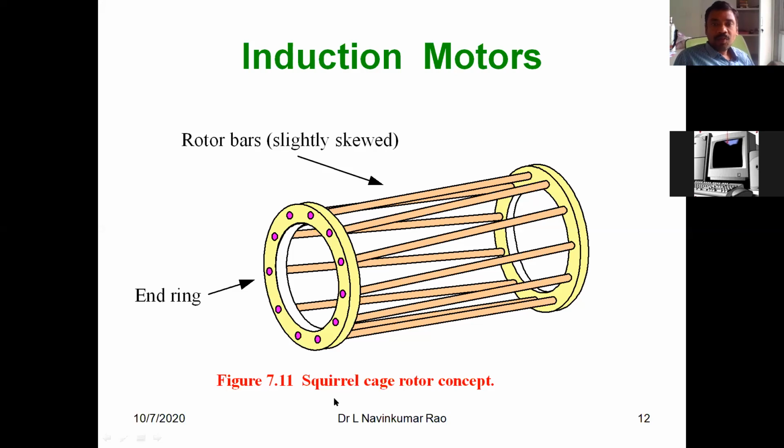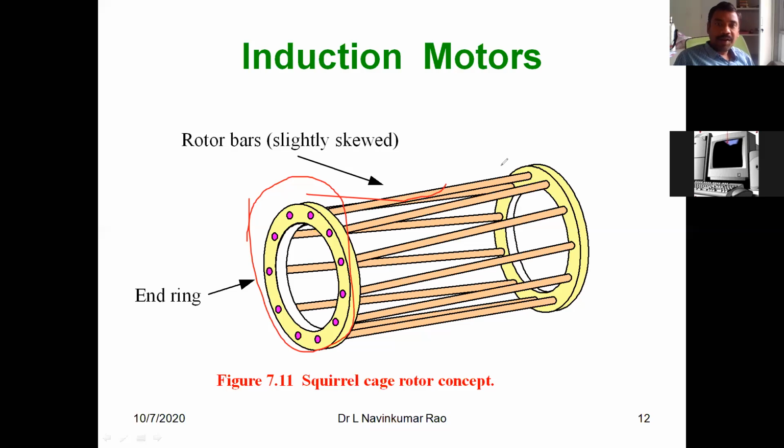So now you are understanding how exactly the rotor is constructed, how the rotor looks. See, these are the bars, these are the end rings, and the bars are short circuited by the end rings.